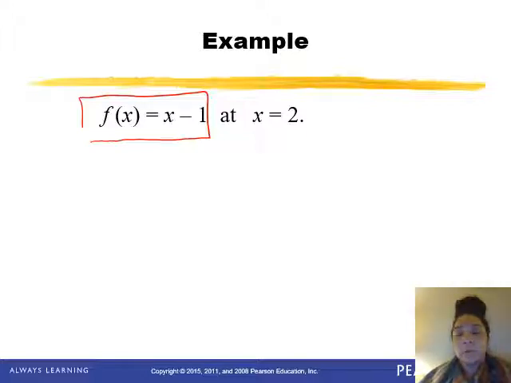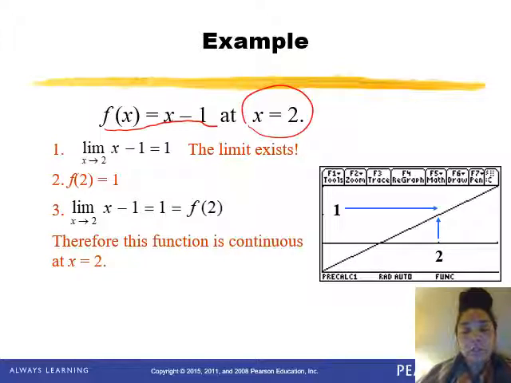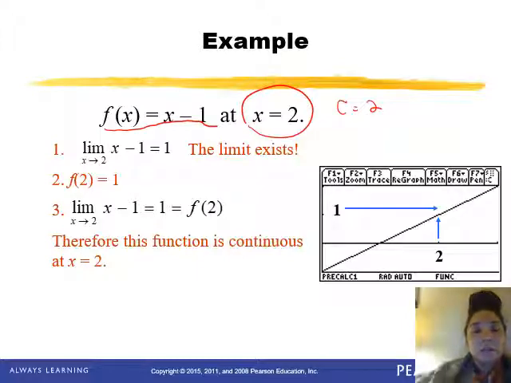And so let's take a look at what's happening here at f of x equals x minus 1. We're looking at the point x equals 2. So in this case, c is equal to 2 based on our previous definition. We're going to go through all 3 properties of a continuous function.